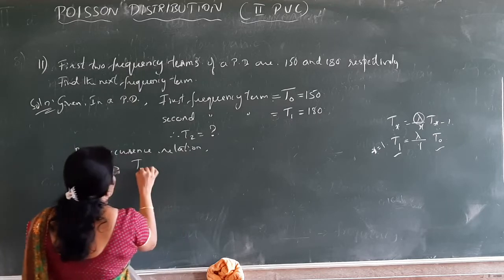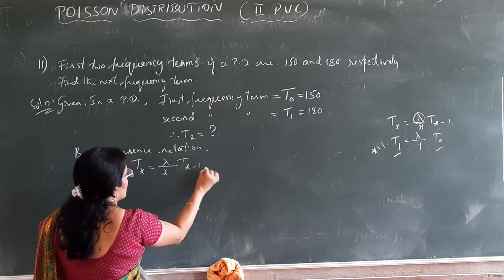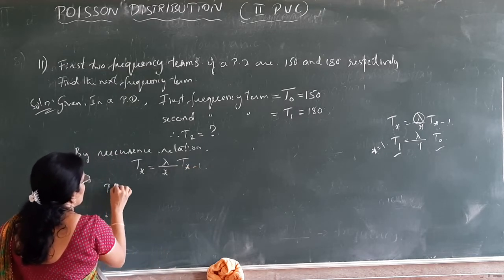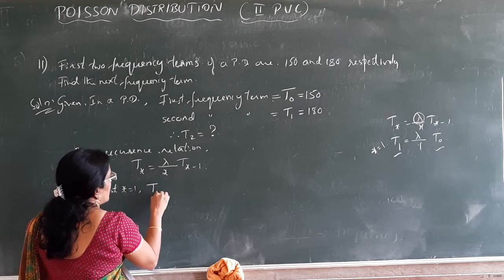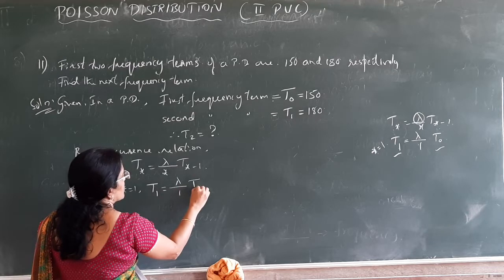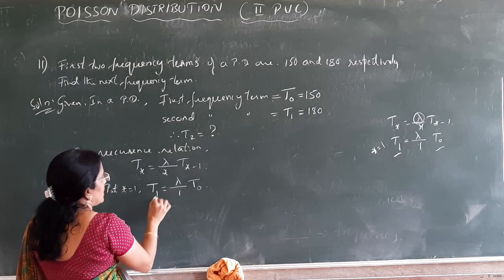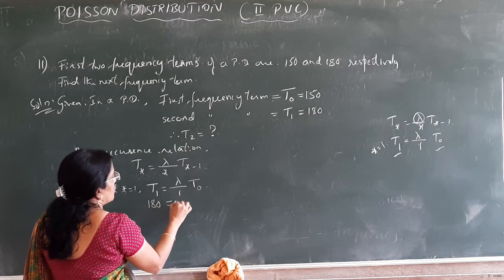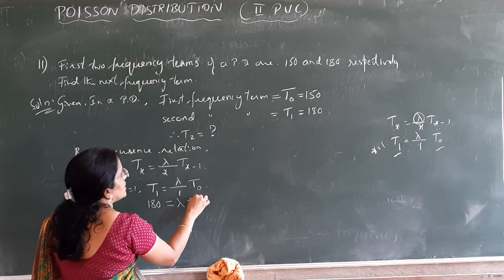So by recurrence relation, Tx is equal to lambda by x into Tx minus 1. Now put x is equal to 1. You will be getting T1 is equal to lambda by 1 into T1 minus 1, 1 minus 1 is 0. Now what is T1? T1 is 180, equal to lambda divided by 1, that is lambda itself, into T0.